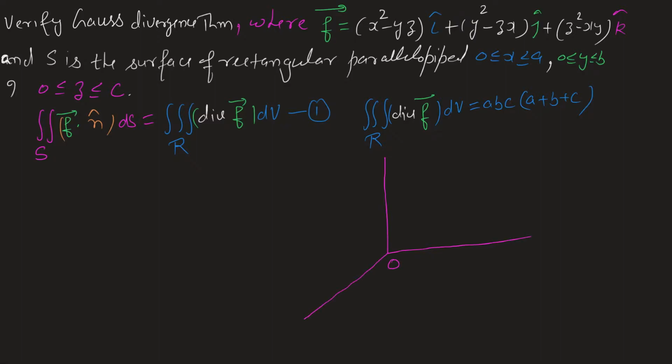Say this is O, this is X, this is Y, and this is Z. And we have some surface, and upon this surface we have an infinitesimally small surface element, and that is ds, and this is the normal to the surface.